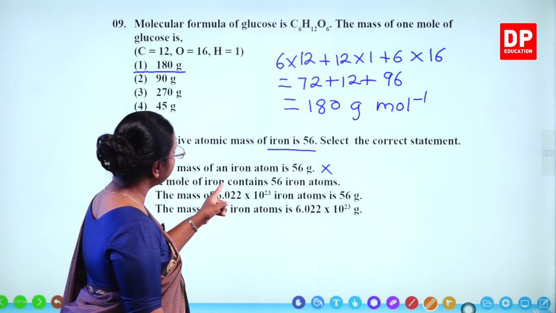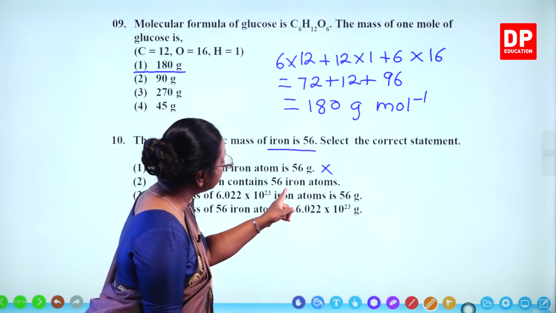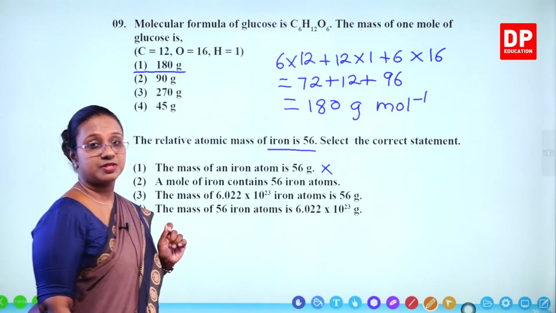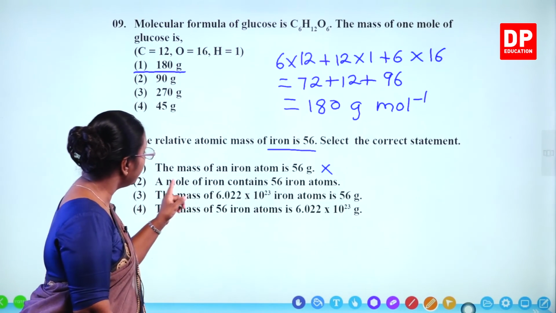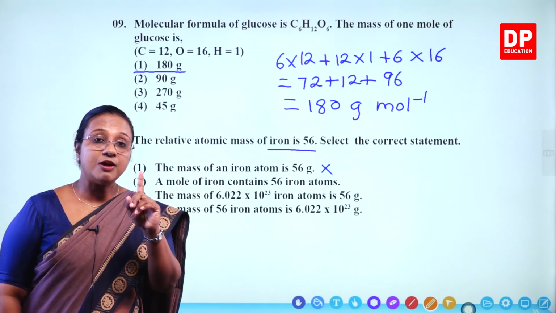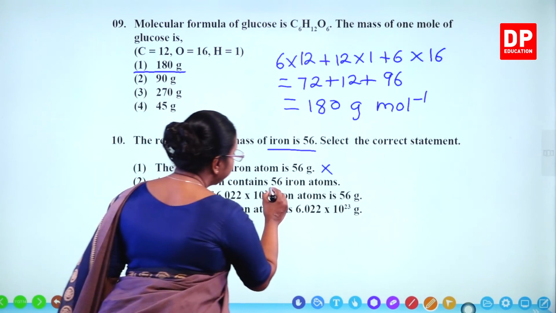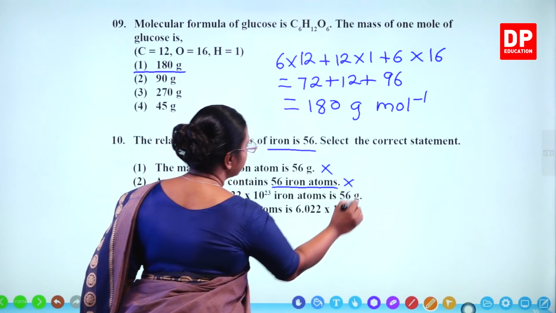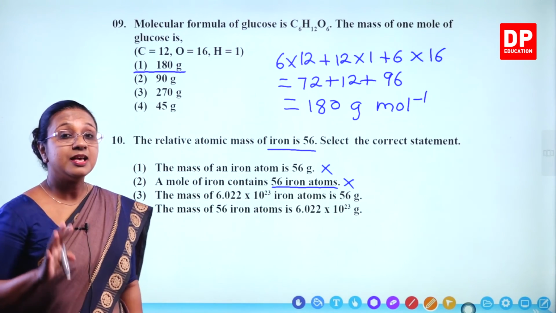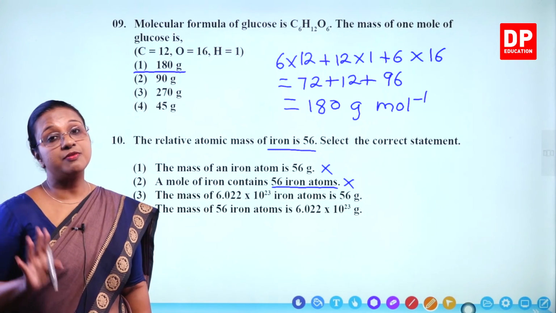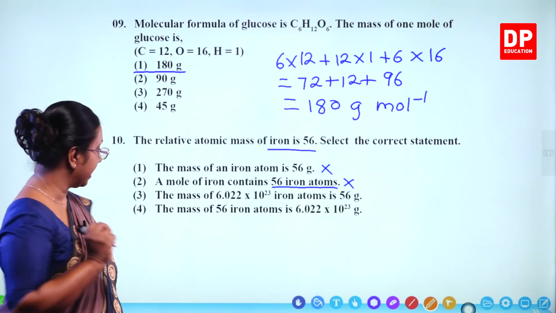Then a mole of iron contains 56 iron atoms. Is that correct? A mole of iron. 1 mole of iron contains 56 iron atoms. That is also wrong. It has 56 grams of iron, not 56 iron atoms.